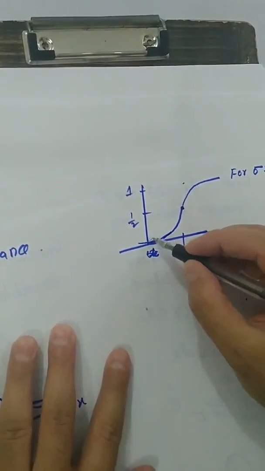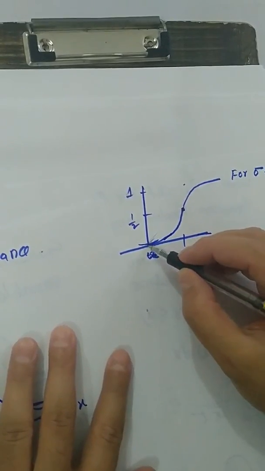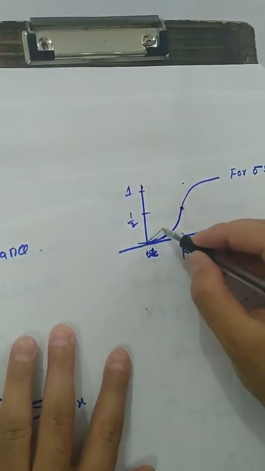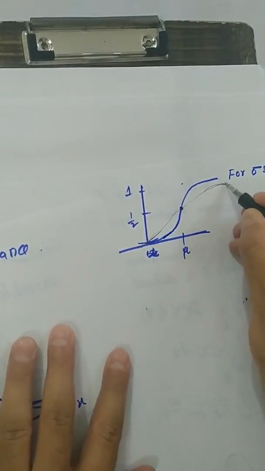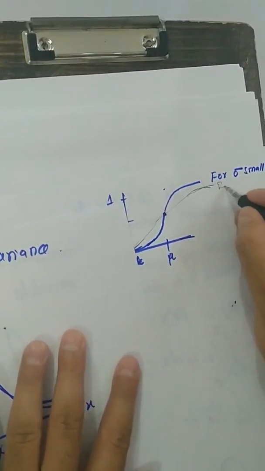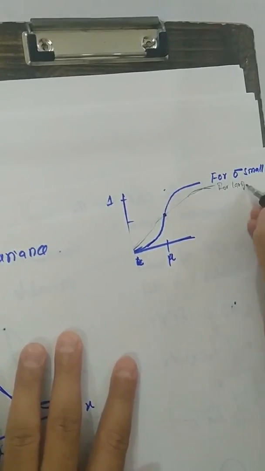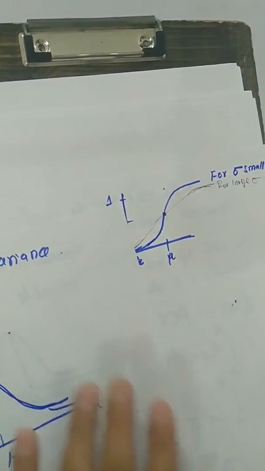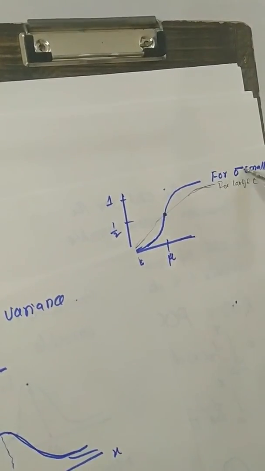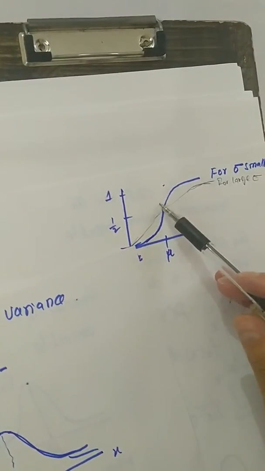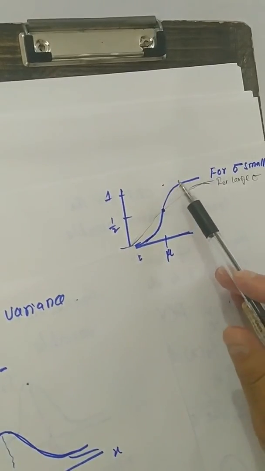In this case, I will get a CDF which is like this. Hence, the CDF depends on the shape of the PDF.